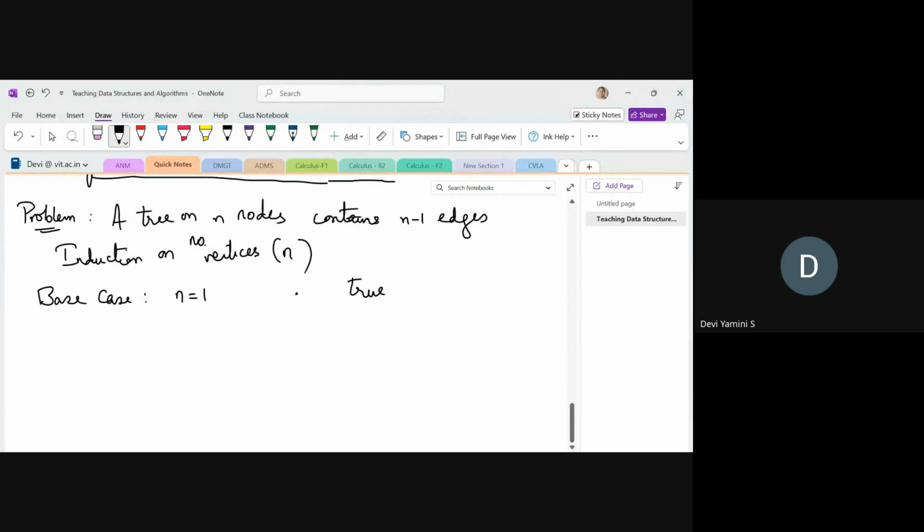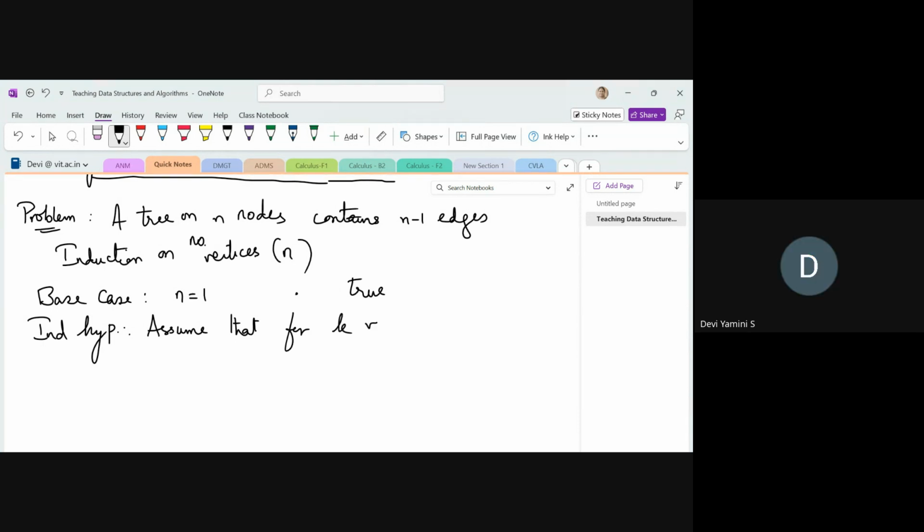Now moving on to the induction hypothesis. So what do we do here? Can anyone tell me what the induction hypothesis is? What are we going to assume? For k vertices, k minus 1 edges.